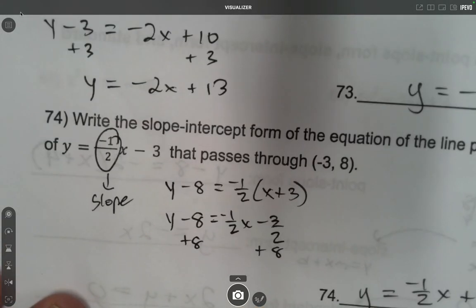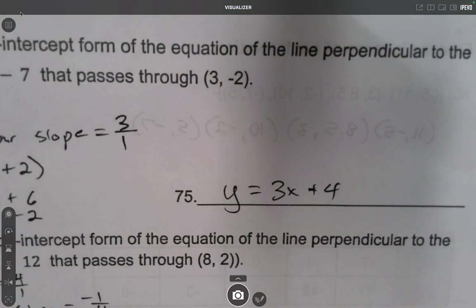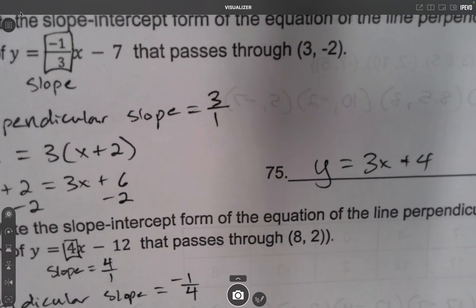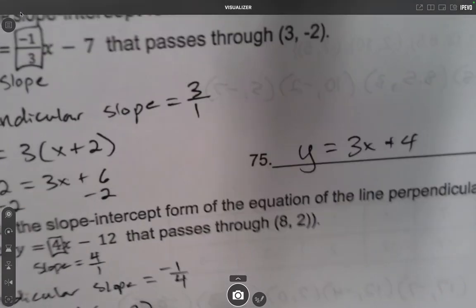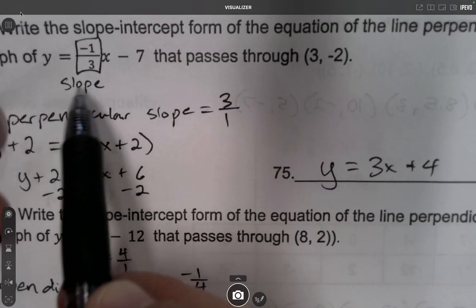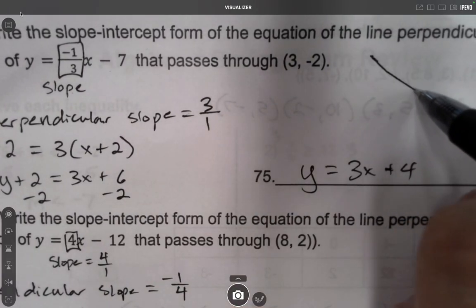So 73 and 74 gave us parallel lines. 75 gives us a perpendicular line. So perpendicular means the opposite reciprocal. Opposite means different sign. Reciprocal means you flip the fraction over. So these are two good examples. The slope of this line is negative 1/3, which will look something like this.